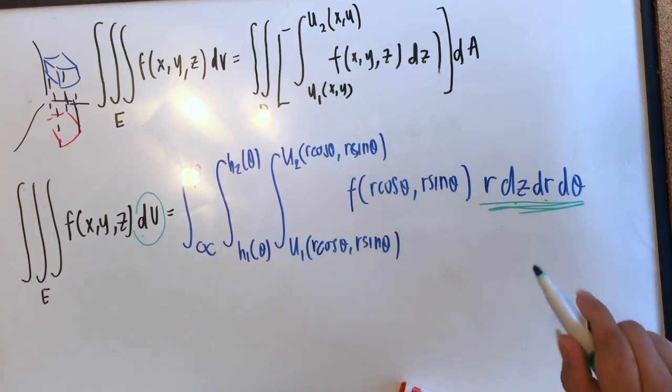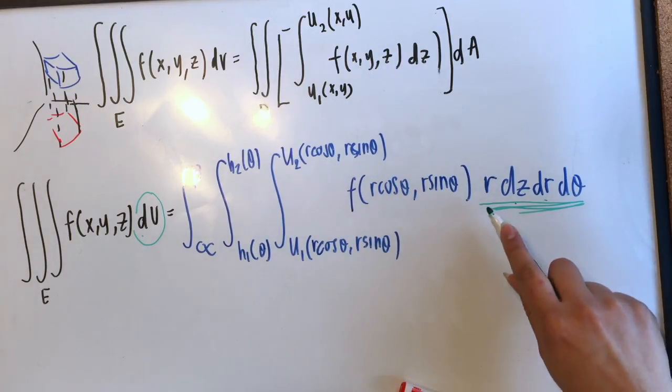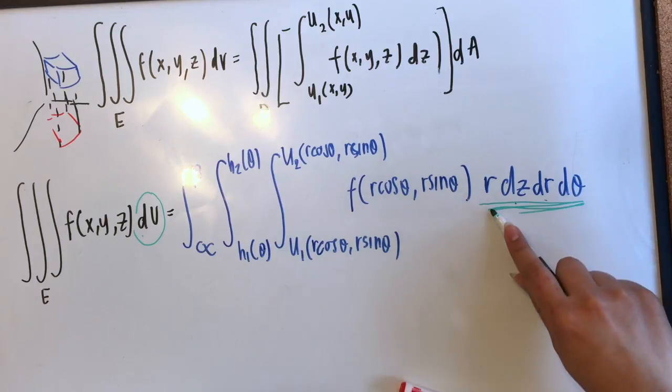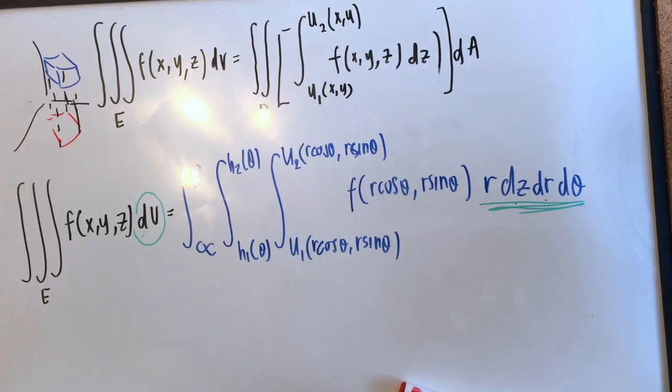And just like in 15.4 for polar coordinates, do not forget the r, because our r is what's going to make the integration most of the time much easier.